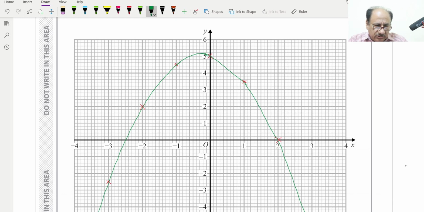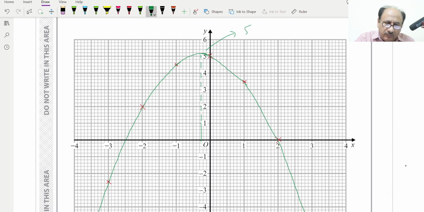We can show the maximum value, and this will be for 2.25. So we can show like this one with the dotted line. This will be the maximum value of y, which is 5.1.